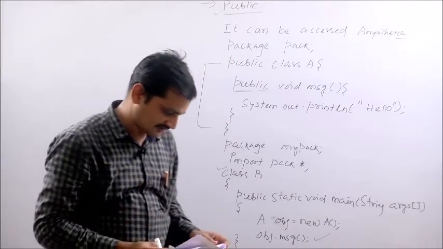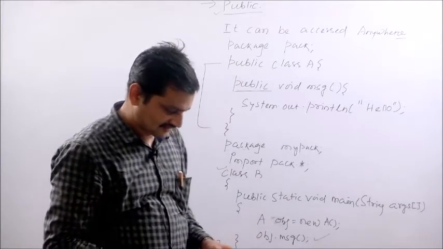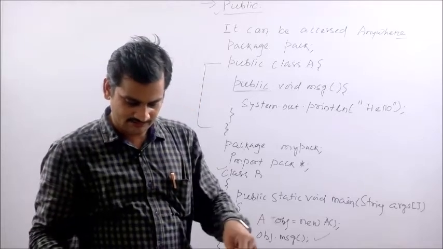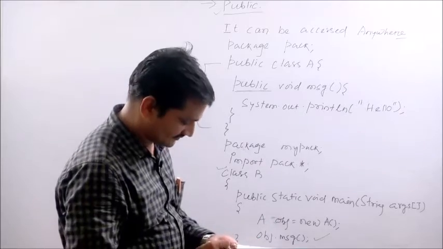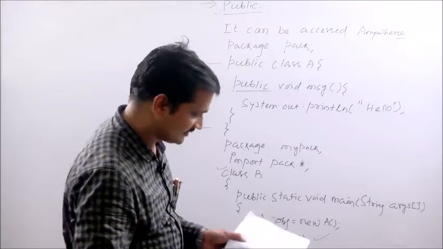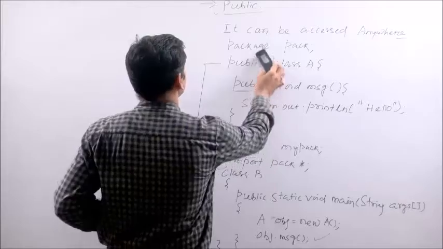Okay, this is all about the access specifiers in Java, and let us sum up all of this with one table. Let us sum up the idea we discussed here in one table.